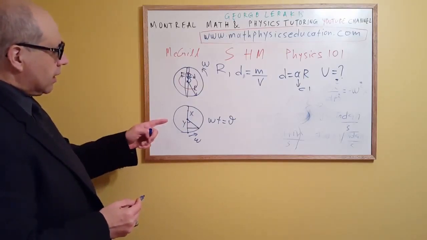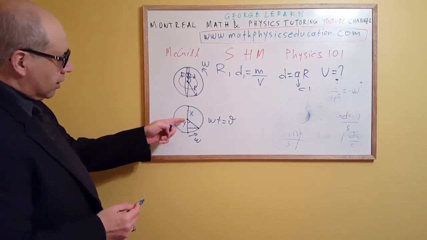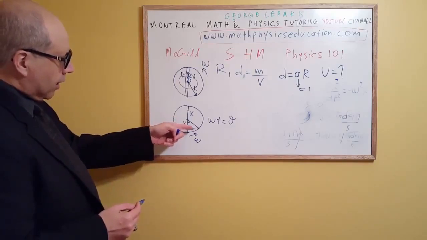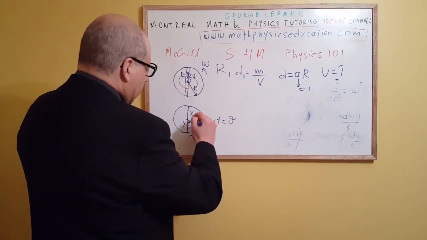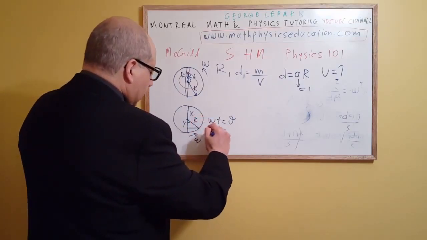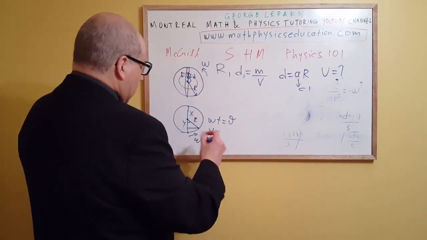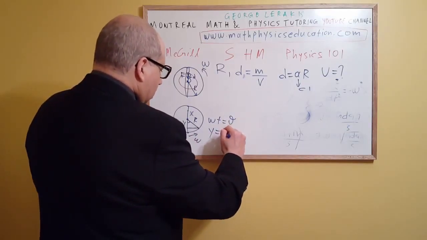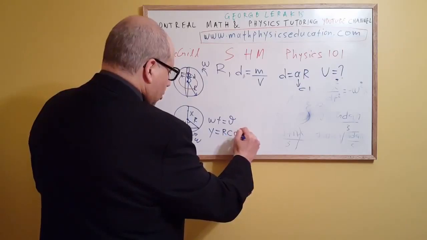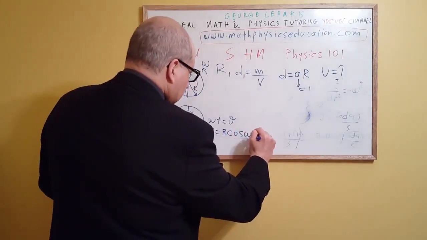So if you take this small triangle, and this here is r, you have that y is equal to r cos omega t.